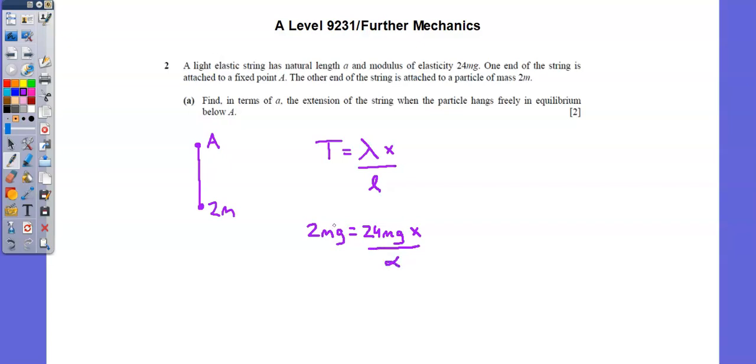I can simplify by eliminating m and g on both sides, and cross multiply to 2 alpha equals 24 times the extension, dividing both sides by 24. The extension is alpha over 12.